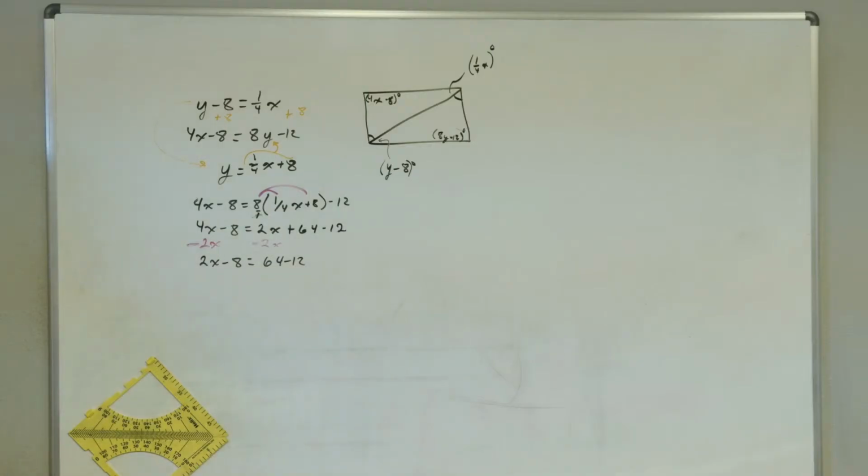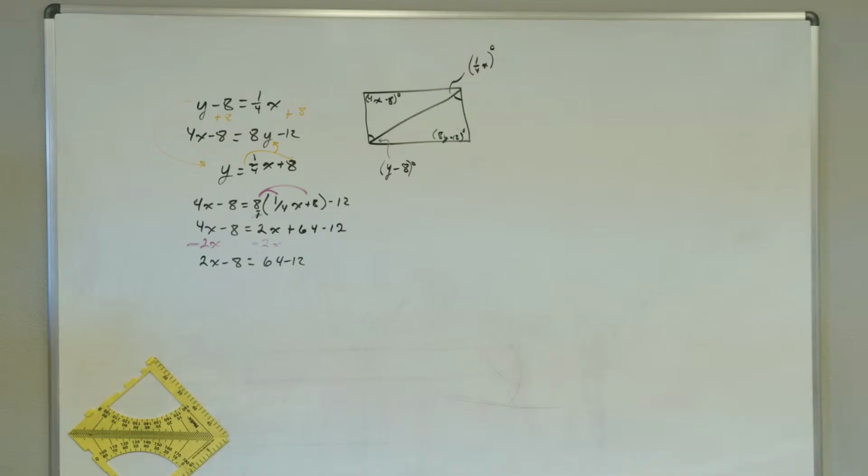Now what? The 8 is not on a variable, so we leave it alone.